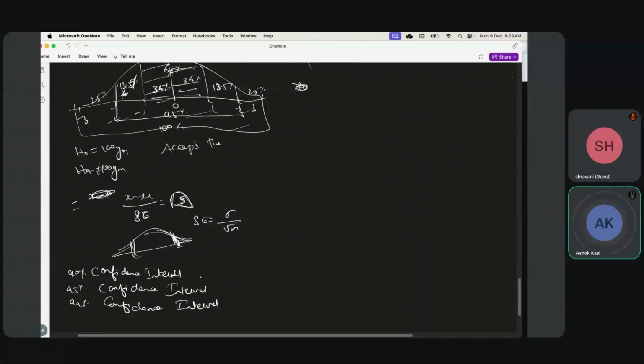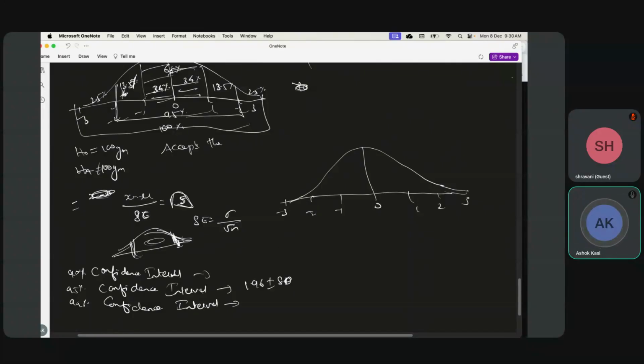So for 90%, 95% and 99% confidence intervals: for 95%, it is 1.96 plus or minus standard deviation. So what does that mean? On a scale of 0, 1, 2, 3 and -1, -2, -3, 1.96 standard deviations means till here, almost 2.